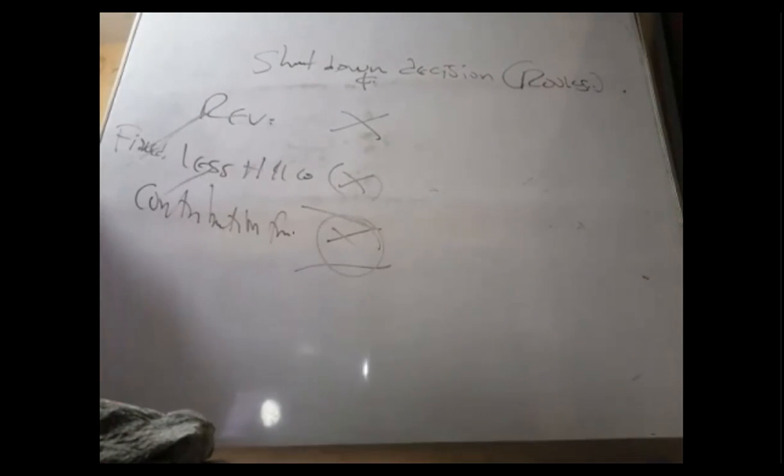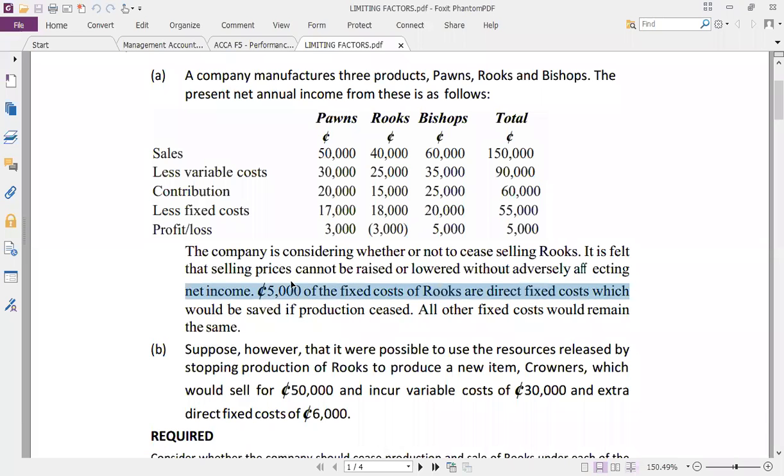So for this product, let's see. When they shut down, which of the costs could the company save? They say that 5,000 of the fixed cost of goods are direct fixed costs, which would be saved if production was ceased. That's the first income that I bring.